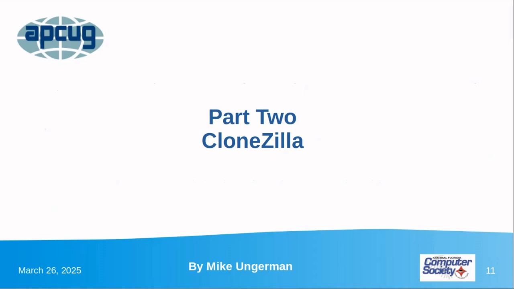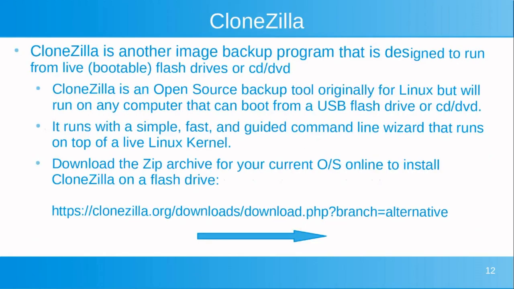Okay, I'm back, and we're about to start part 2 of our presentation, Clonezilla. So Clonezilla is another image backup program that's designed to run from a live bootable flash drive or even a CD or DVD. Clonezilla has the advantage of being an open source backup tool.